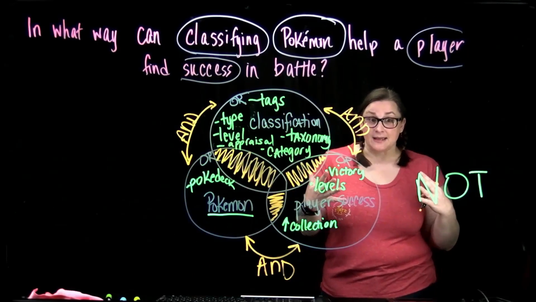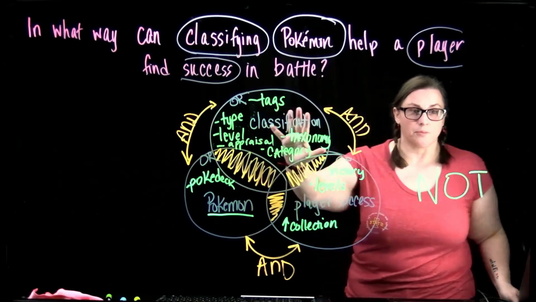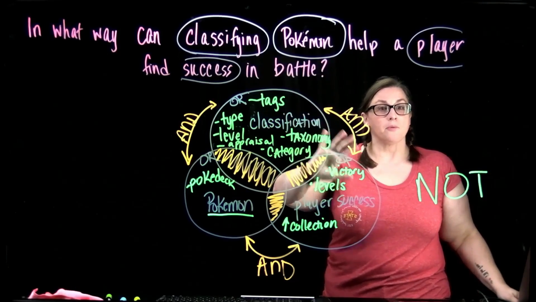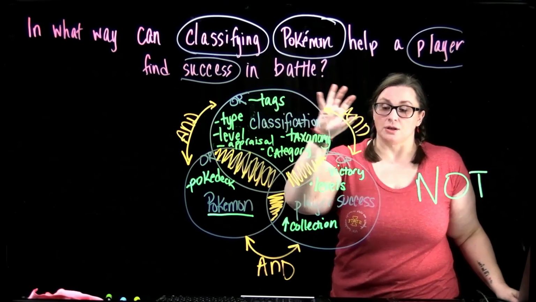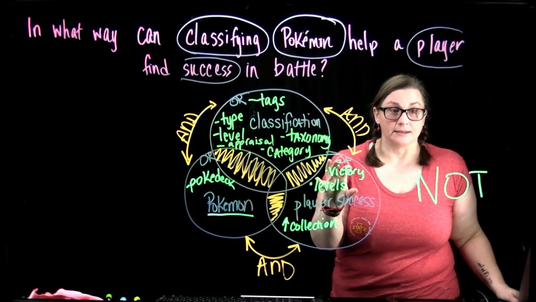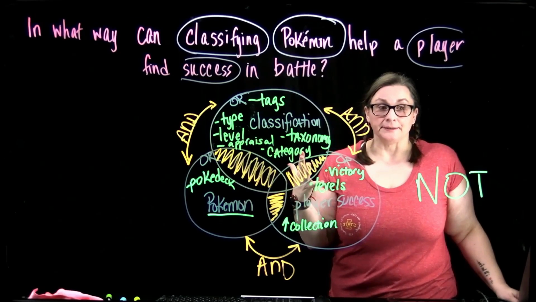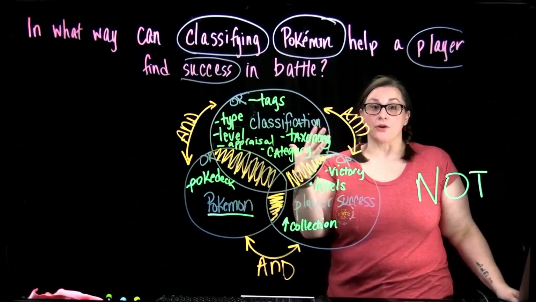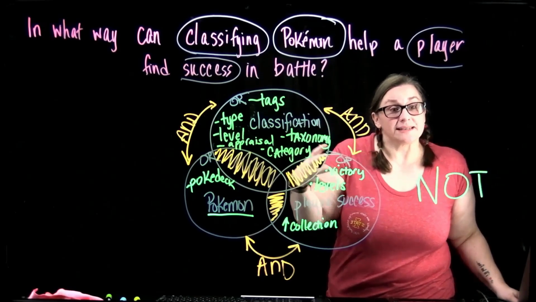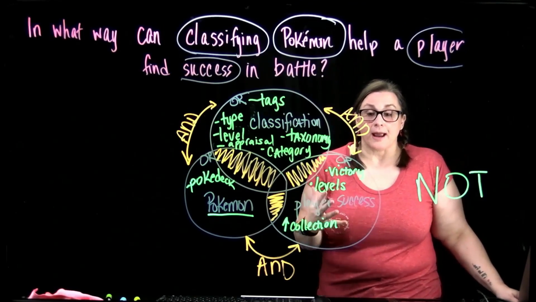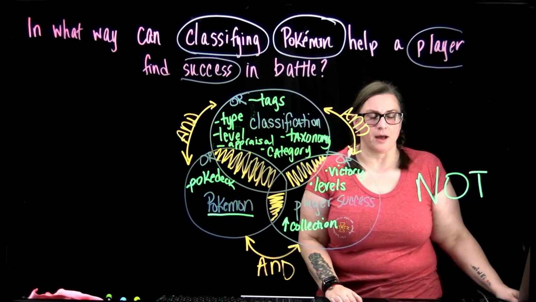Now, you would see that sometimes this search would mean we weren't searching Pokemon at all. Maybe we do this search that's classification and player success, and we get Magic the Gathering. We get another card-based game where we would do the same kind of thing, right? Does that mean that article isn't any good because it doesn't mention Pokemon?